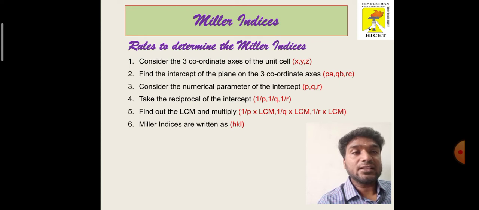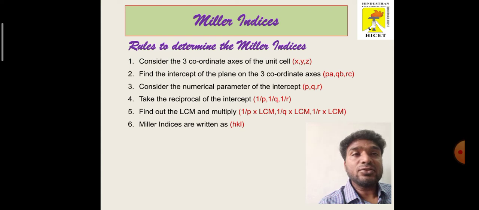Then the final value will give the Miller indices. That can be written within a bracket as (hkl). h has some value, k has some value and l has some value, but without commas. Please look at the sixth step. Without commas, we have to write the Miller indices as (hkl).